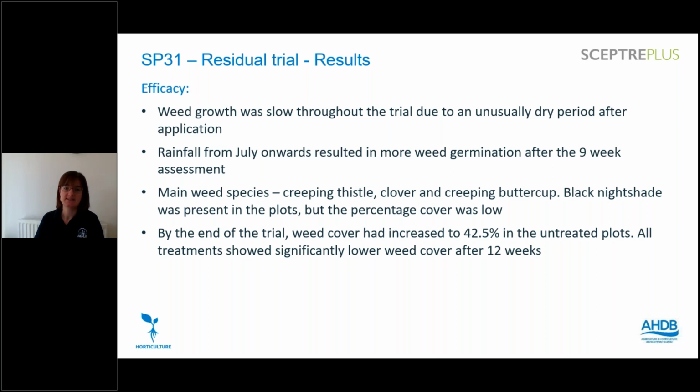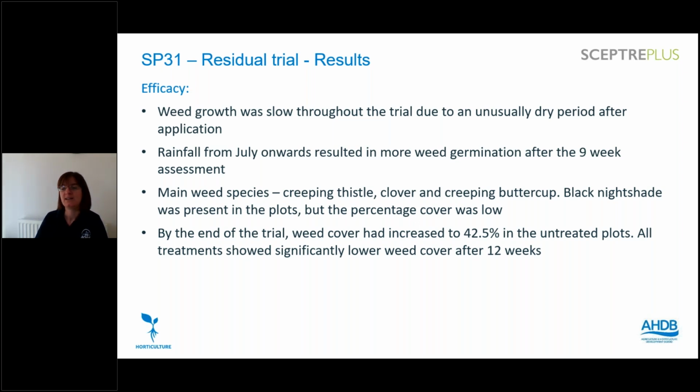So this then started to result in quite a rapid increase in weed germination after we'd done our 9-week assessment. So from that point, we were able to monitor how the weeds were developing and carry out another assessment after 12 weeks. So I will show you that in just a second.